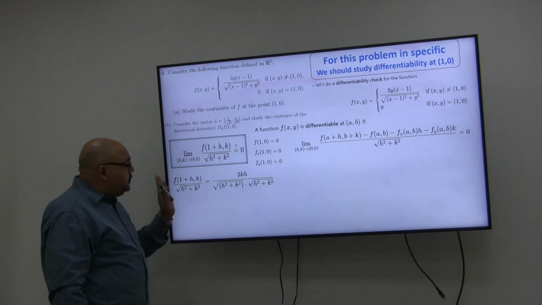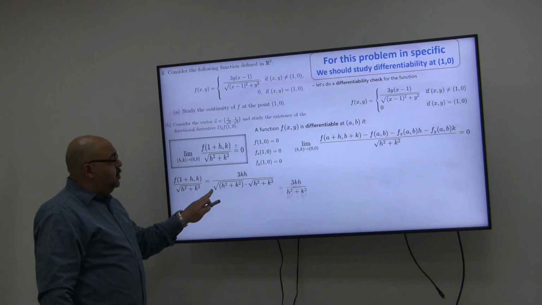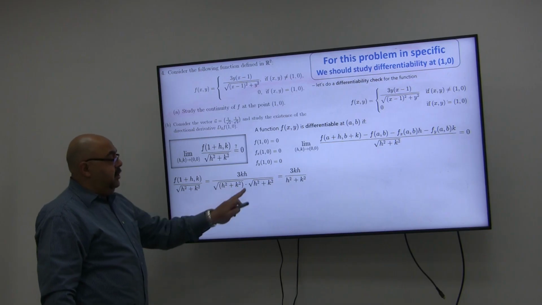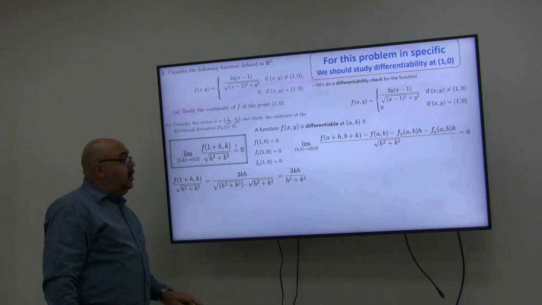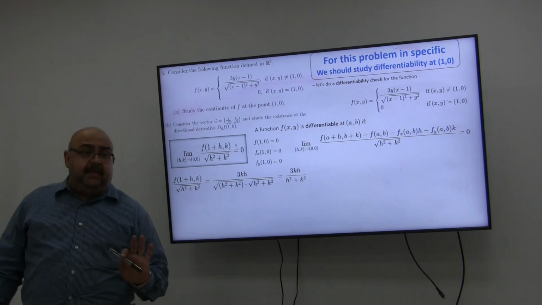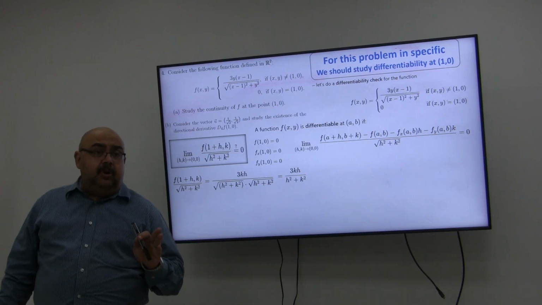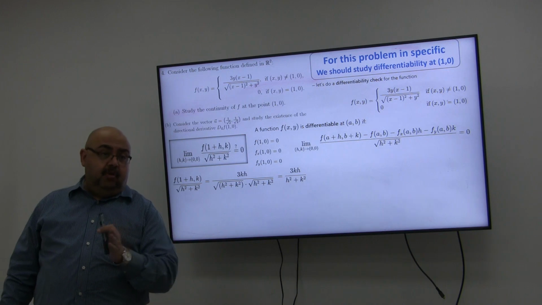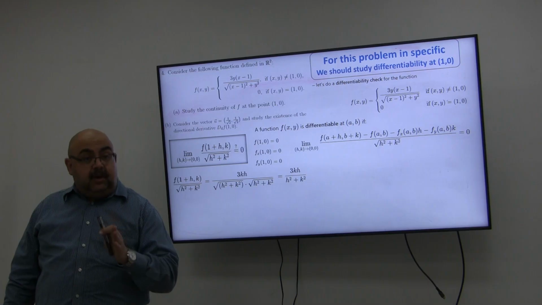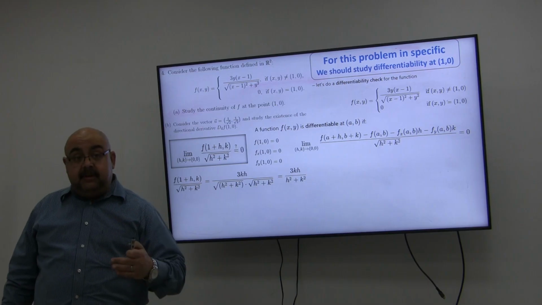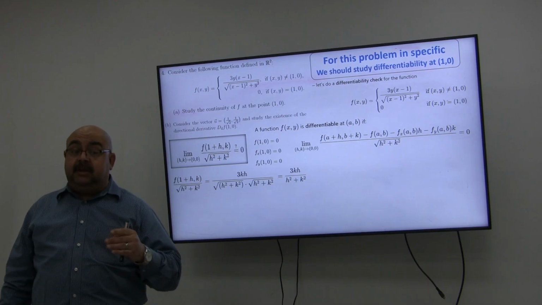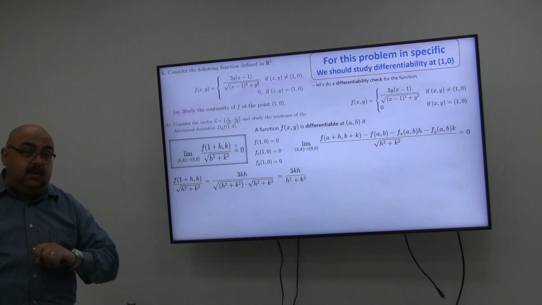Now I will need to search for the limit of 3kh divided by h squared plus k squared. I can start with the direct method using h equal to 0, discuss the limit, then k equal to 0, discuss the limit, and also I can discuss when h is equal to k.